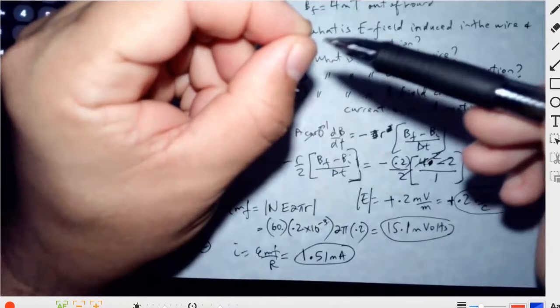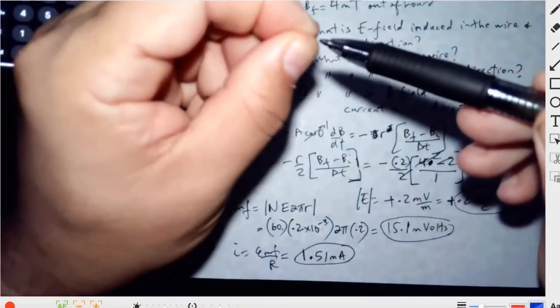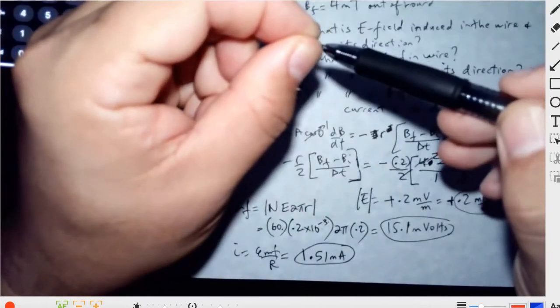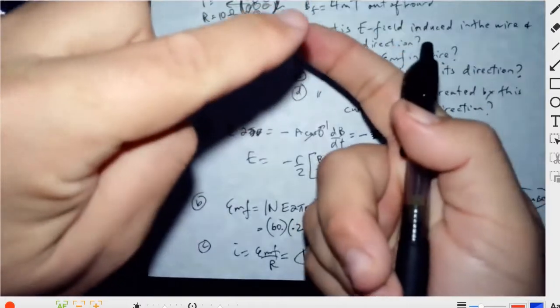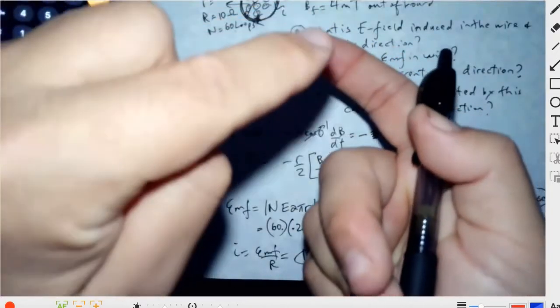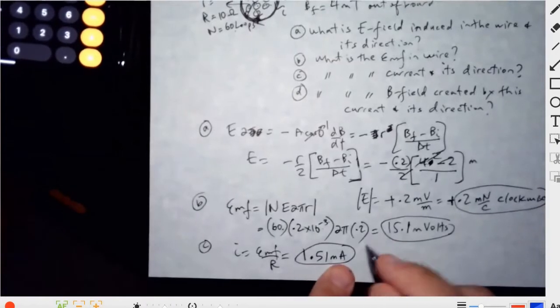Then you go down, and now you're on the 6th floor. Then you're on the 5th floor. You keep going down, and the total voltage you've lost is the total loss in potential energy. So then the current is 1.5 milliamps, and the direction is clockwise.